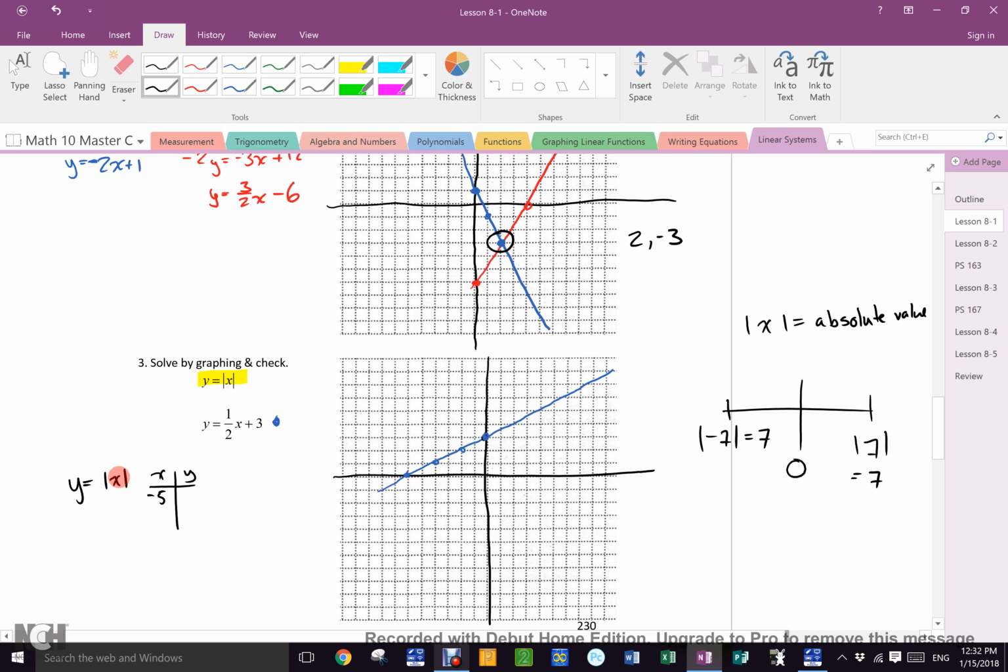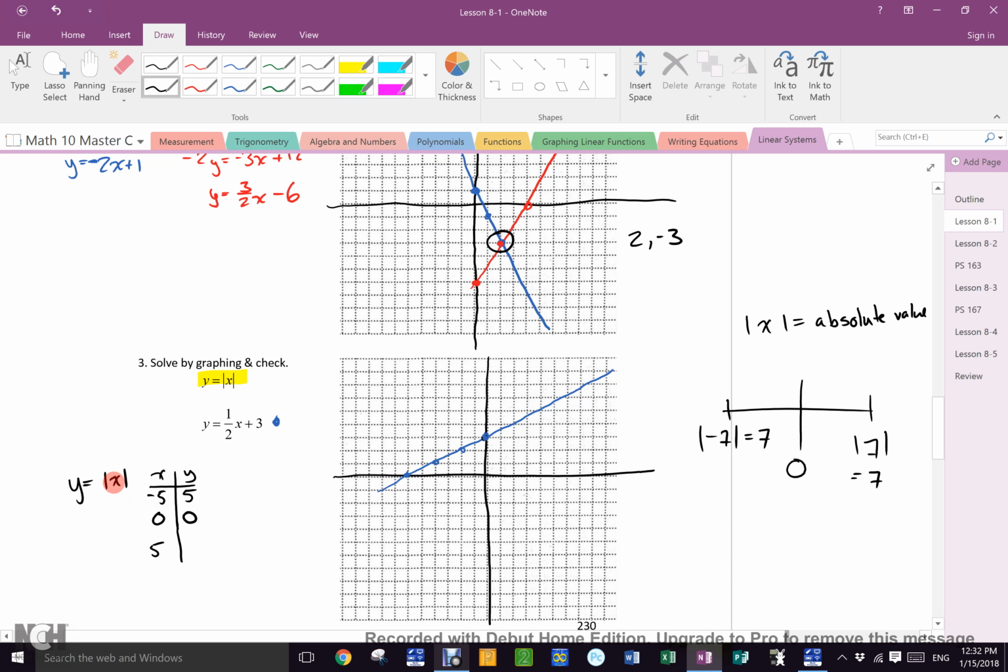So x is going to be -5, agreed? What is the absolute value of -5? 5, because it's 5 steps away from 0. So if x is -5, y is going to be 5. Agreed? And I always say to use 0 as well. So how far is 0 from 0? 0. So 0 and 0. And then let's use +5.